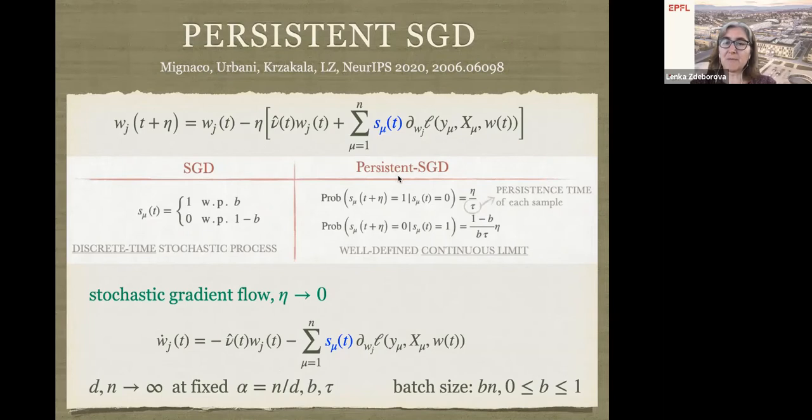So that's where the word persistent comes from. If the persistence time is large, or somewhat not close to zero, then every sample stays in the mini batch for some time, and then it goes away, and then it comes back, and it stays also for some time. It persists there for some time. And this is a version of stochasticity that changes a little bit, of which the flow limit is non-trivial.